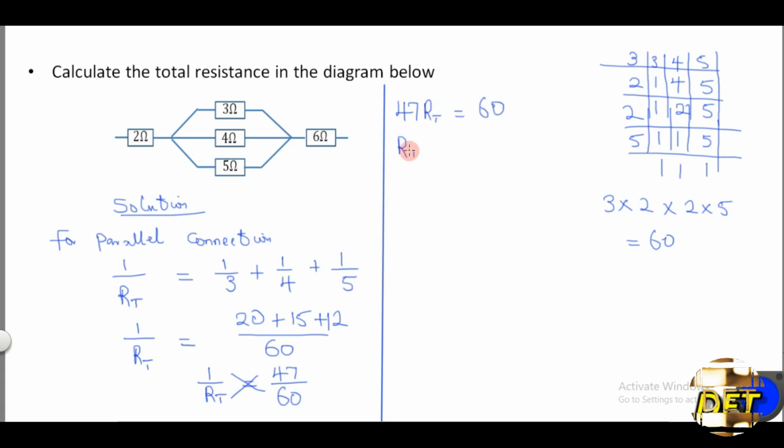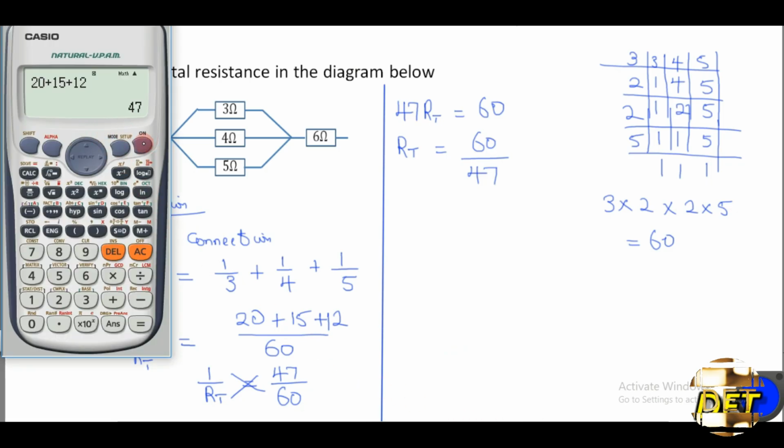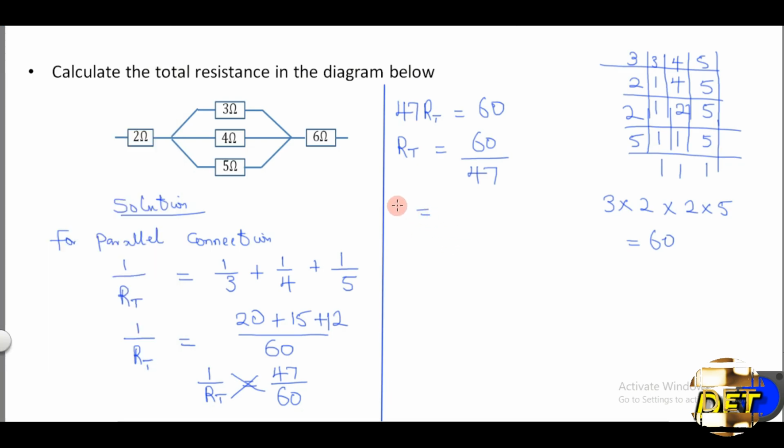So ROT, which is the total resistance, will be equal to 60 divided by 47, right? 60 divided by 47, that will be equal to 1.276, which is approximately 1.28. So ROT will be equal to 1.28, right?